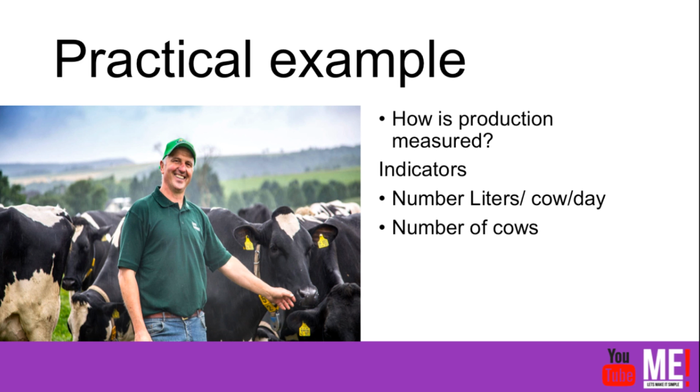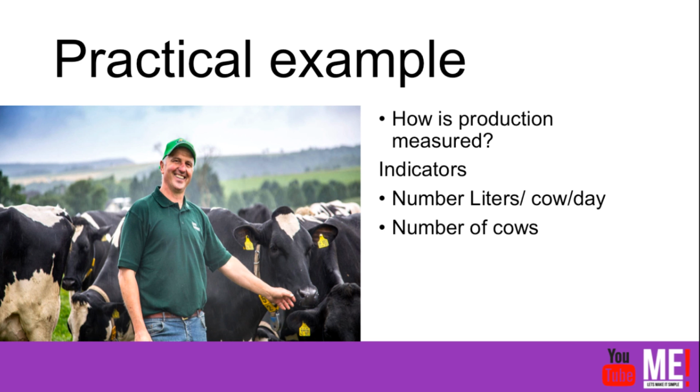That is an obvious thing. He's going to use number of liters per cow and also number of cows, because the more liters you produce, the more production there is. The less liters you produce, the less production. The more cows you have, the more production. The fewer cows, the less production. So that's how it is. Those are indicators. All right.